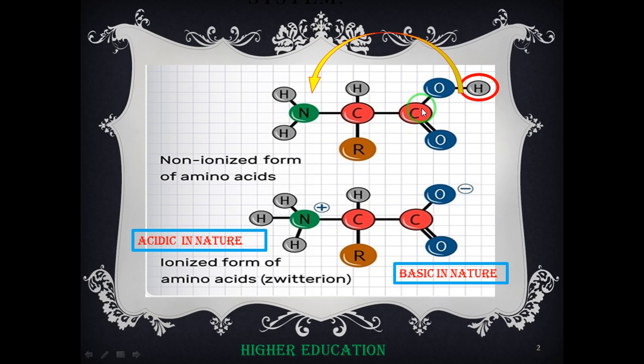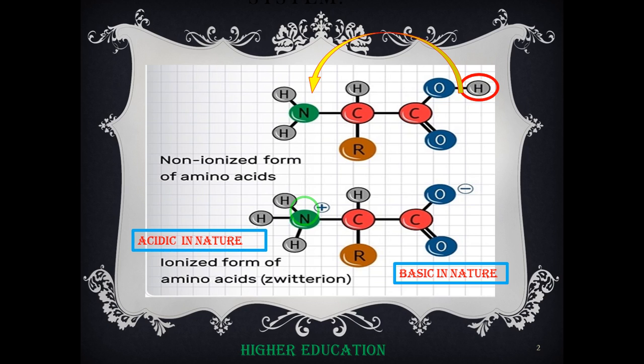When the carboxylic acid donates a proton, it possesses a negative charge and converts into the carboxylate ion. When the amino group gets that proton, it possesses a positive charge and behaves as acidic in nature.